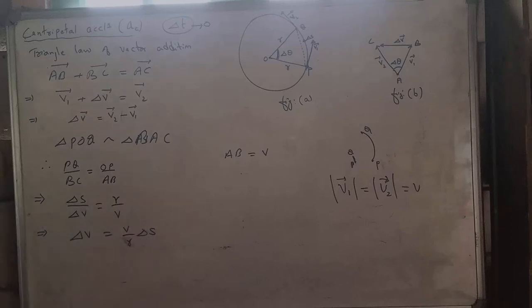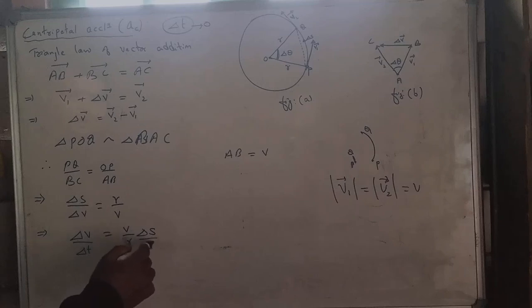After these steps, what we will do is divide both sides by delta T. So when you divide by delta T, you get delta T here and delta T here.